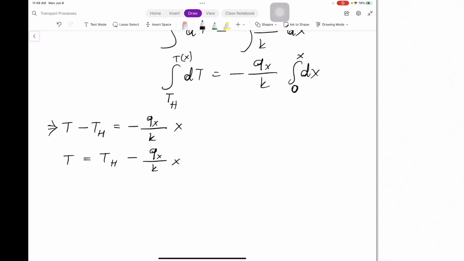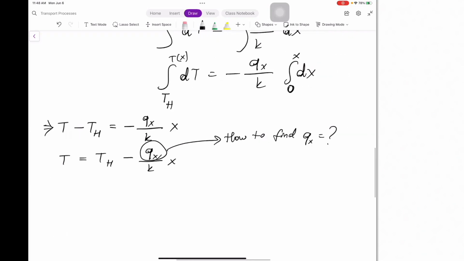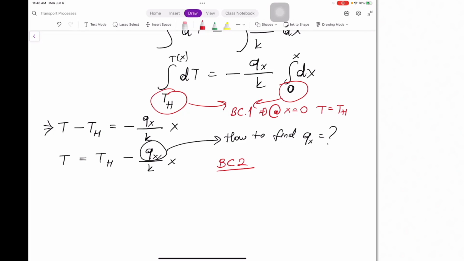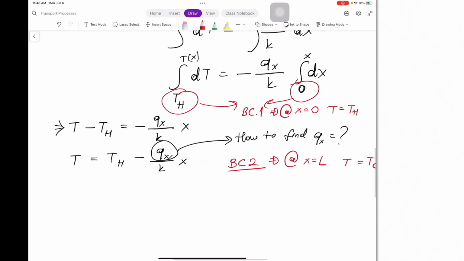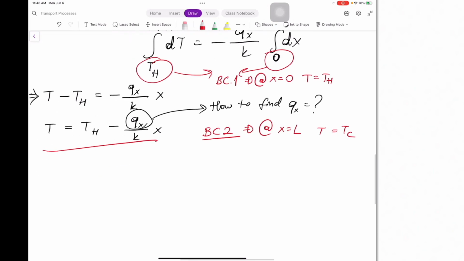But how can we find the qx? Remember we used one boundary condition here. This was boundary condition 1, meaning that at x is equal to 0, T was equal to T hot. Now I'm going to use another boundary condition, which says that at x is equal to L, T is equal to T cold. So I'm going to place it in this equation to solve for qx.